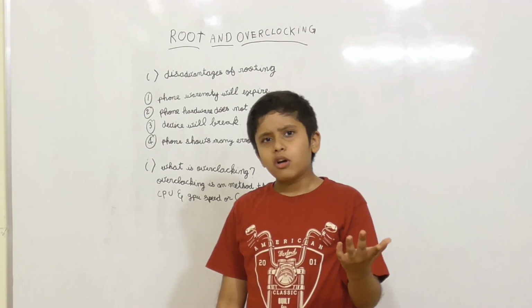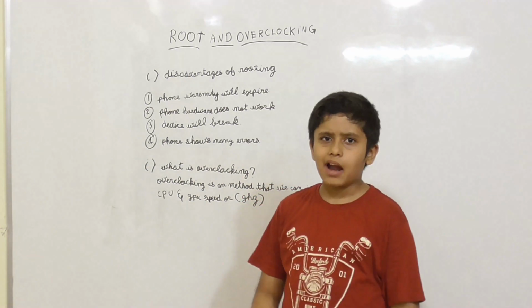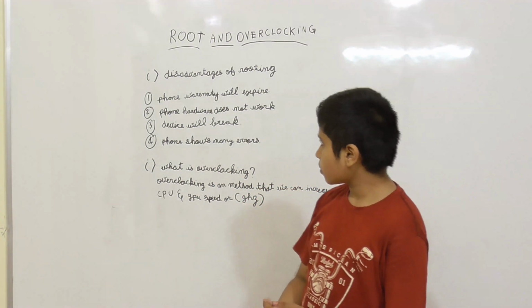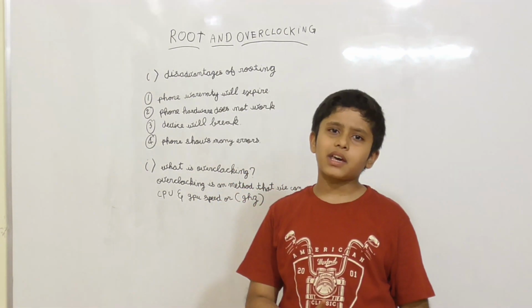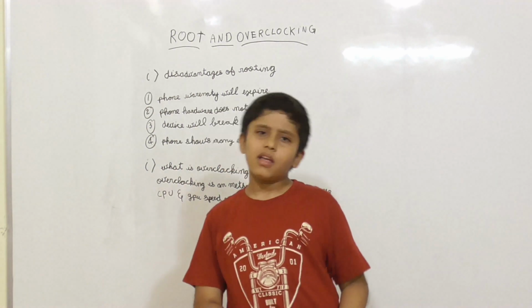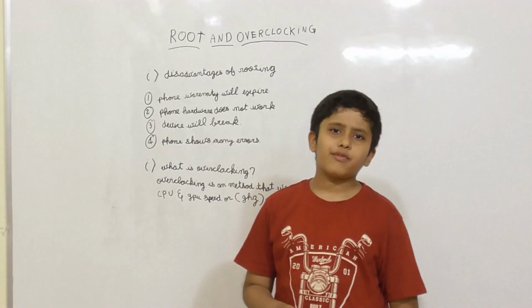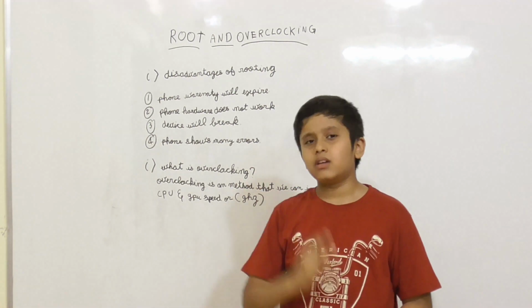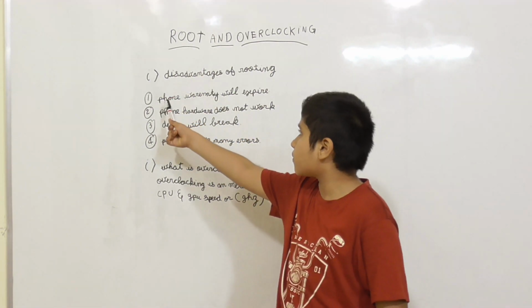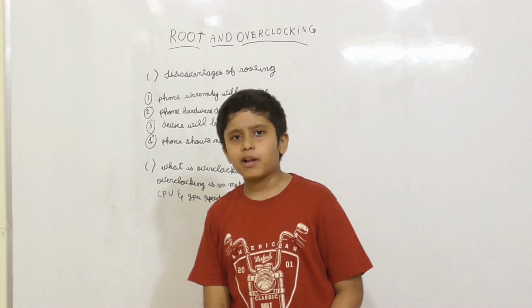Oh no, this is very bad, right? Phone warranty is very important to us. In case the screen is broken, if your phone has warranty, we can change it. But if your phone has no warranty, they will not change the screen. Oh man, this is the first disadvantage of rooting your mobile phone.